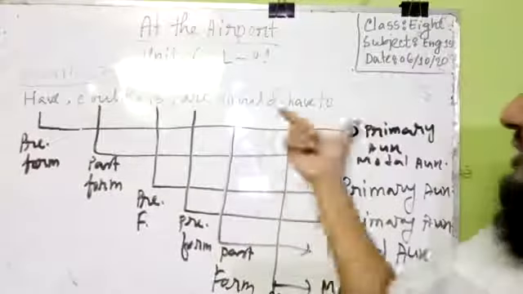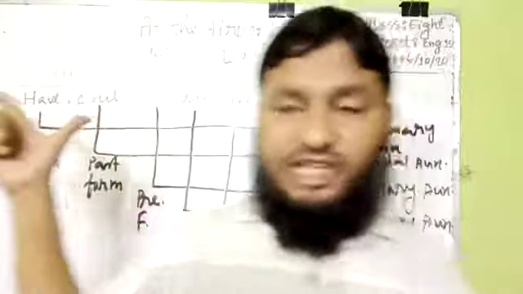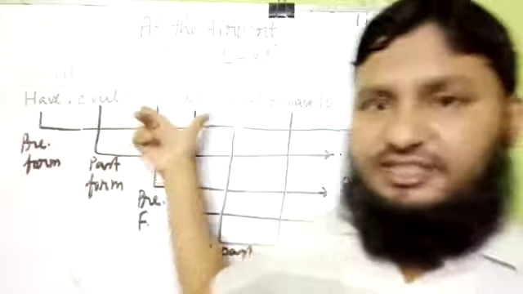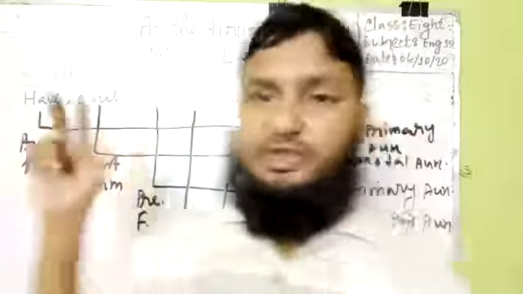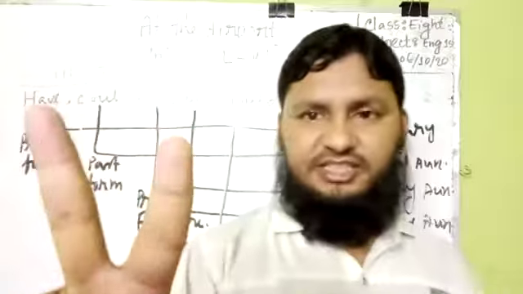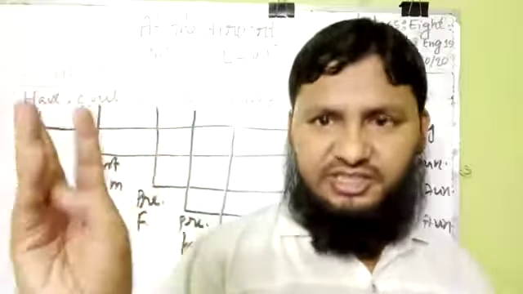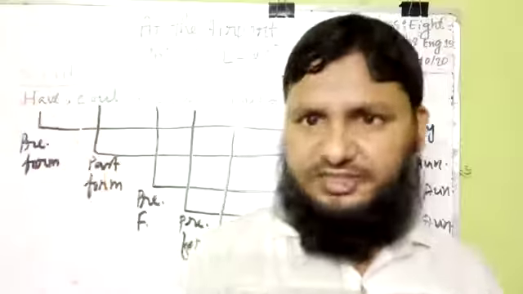We have written just a few words. From these words we have got the idea of auxiliary, and we also know that there are two types of auxiliary. One is primary auxiliary and another is modal auxiliary.